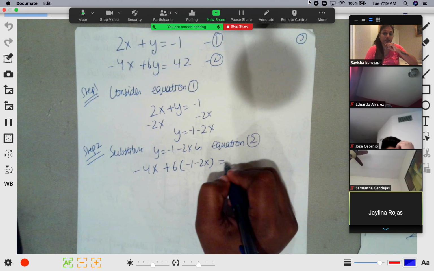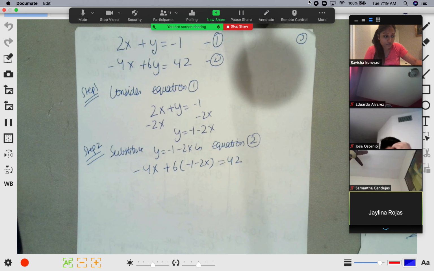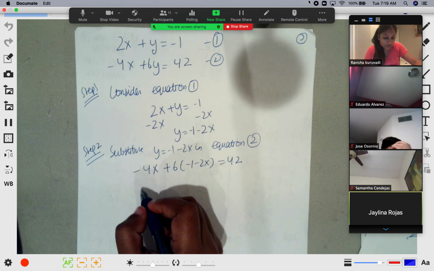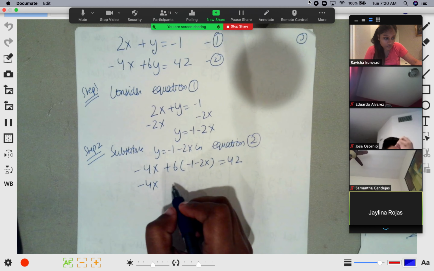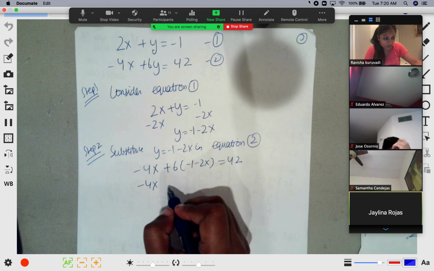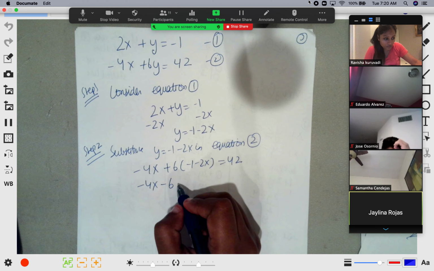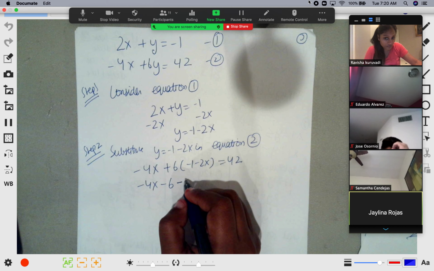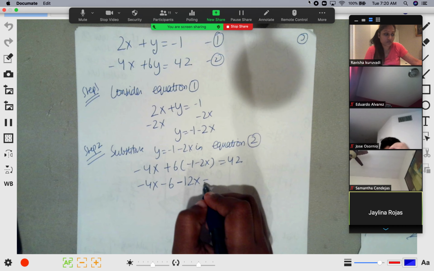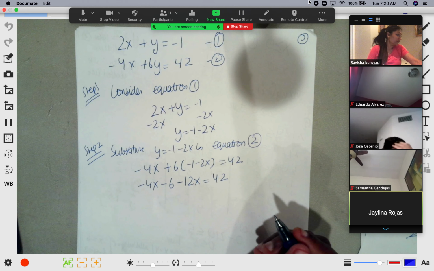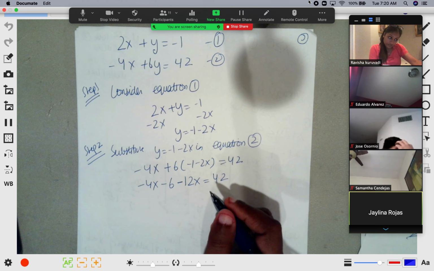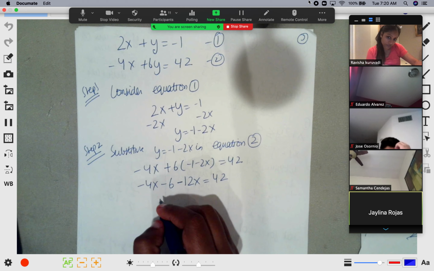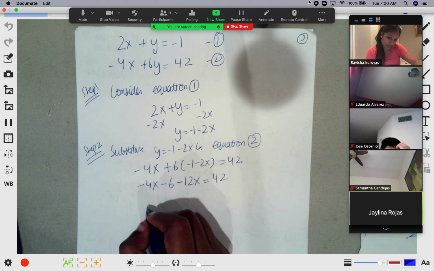When you solve, what do you get, Jelena? Negative 4x minus 6 minus 12x equals 42. Yes. And then we're going to add 6 to both sides.